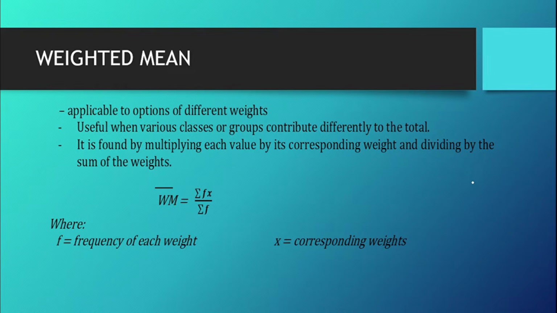The symbol is WM bar, equal to the summation of f times x, where f is the frequency of each weight and x is the corresponding value, over the summation of frequency. So take note of this formula.